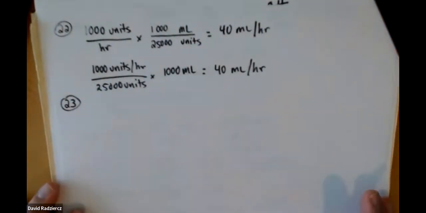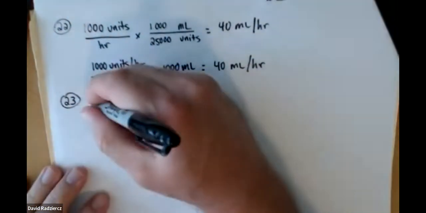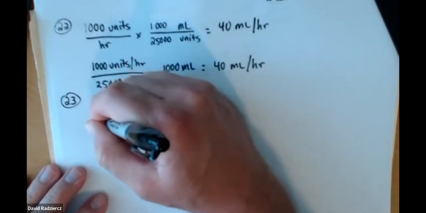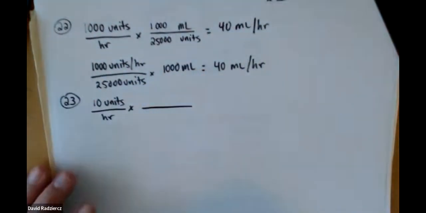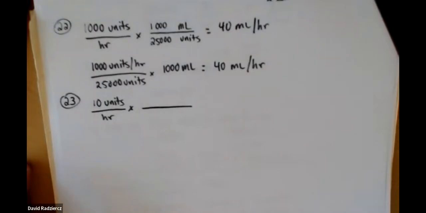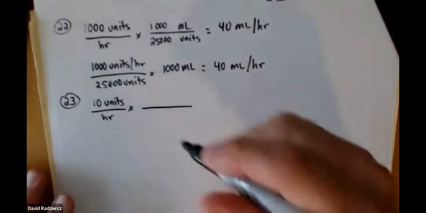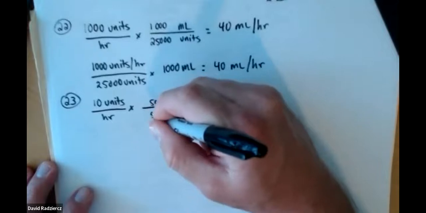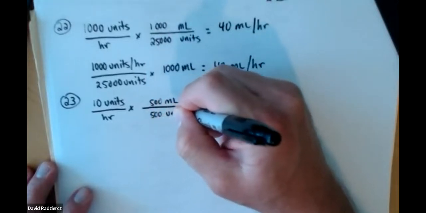So following the same strategy I mentioned before, I'm going to start with the 10 units per hour. And then I'm going to use what I have available, which is the 500 milliliter IV, and within that is 500 units of insulin.